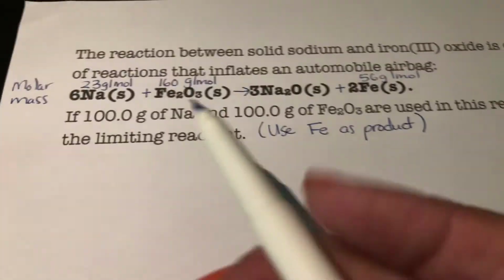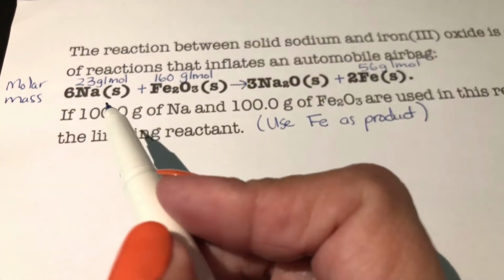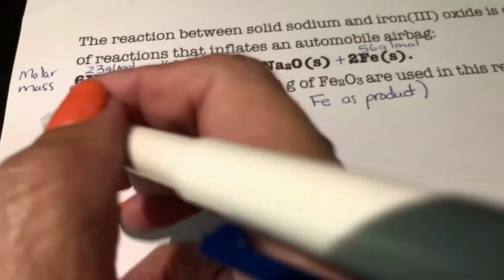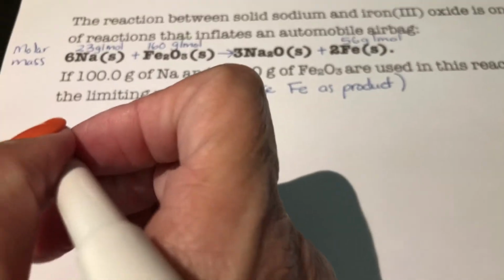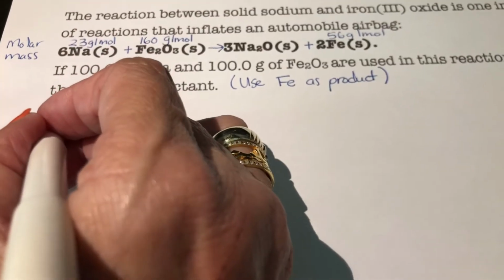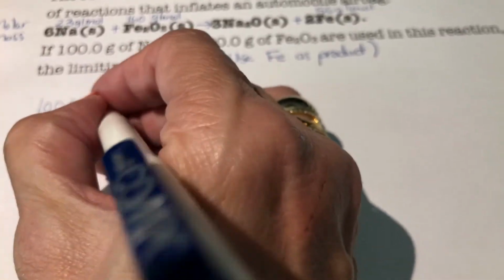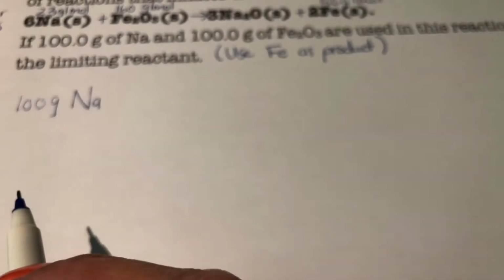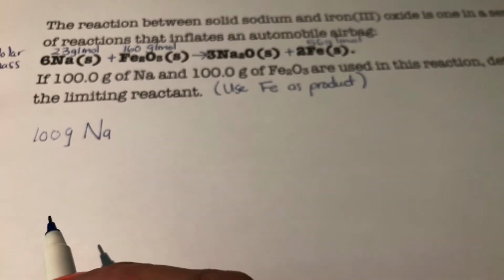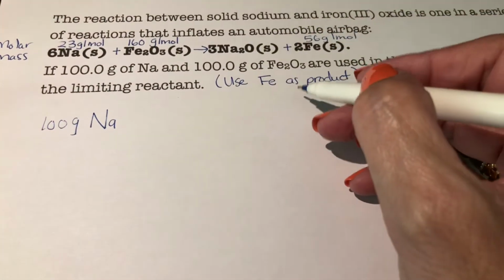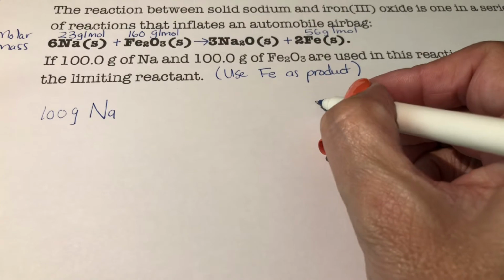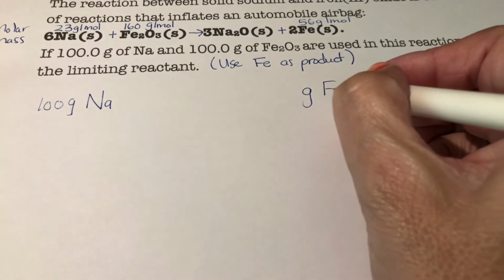Okay, so you have to take each of these products and find out how much iron is going to give you. I'll start with the first one. If I have 100 grams of sodium, I want to know how much iron that is going to produce. So I want to get the grams of iron.